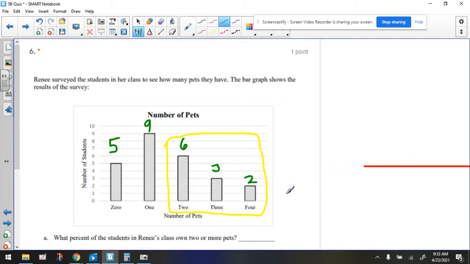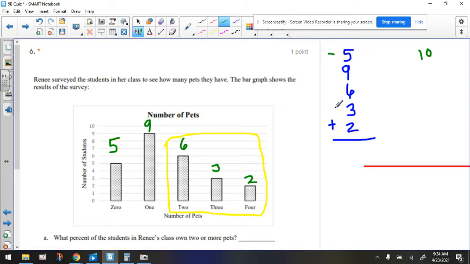All right, so to get the all of it number, we need to add this, plus this, plus this, plus this, plus this. So in other words, 5 plus 9 plus 6 plus 3 plus 2. And when we add them all, I like to use compatible numbers. These two numbers here would be 5. 5 plus 5 is 10.